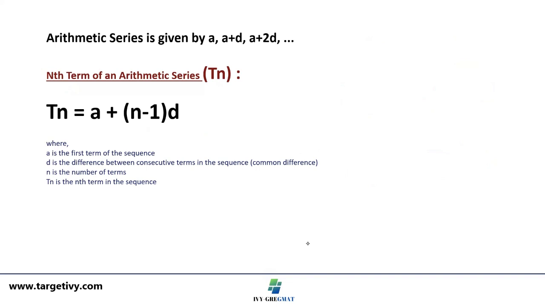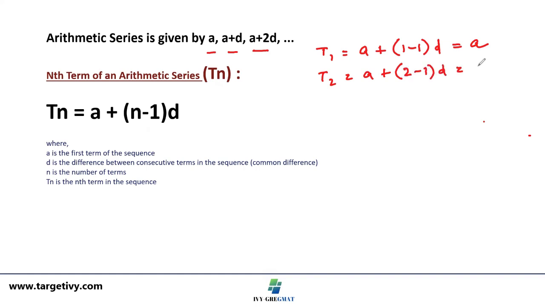If T1, that is the first term, is equal to A plus (1 minus 1) into d, then this becomes A. Then T2 will become A plus (2 minus 1) into d, which is A plus d.